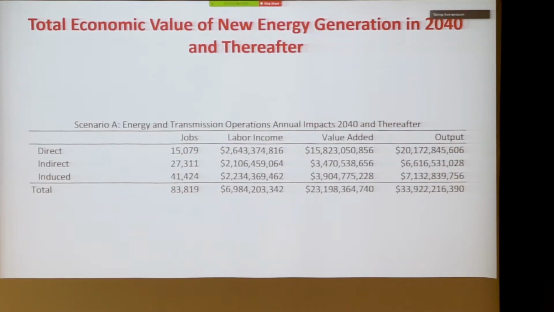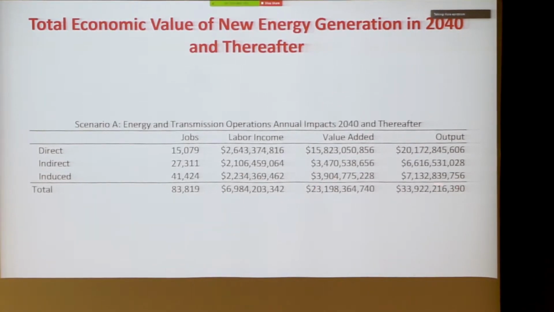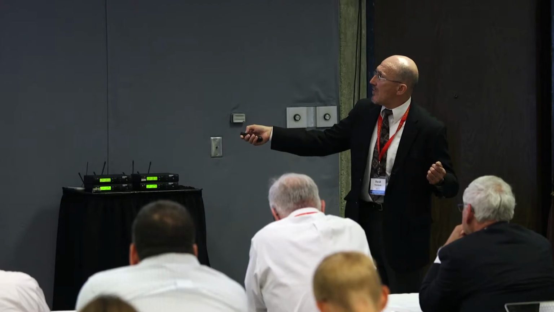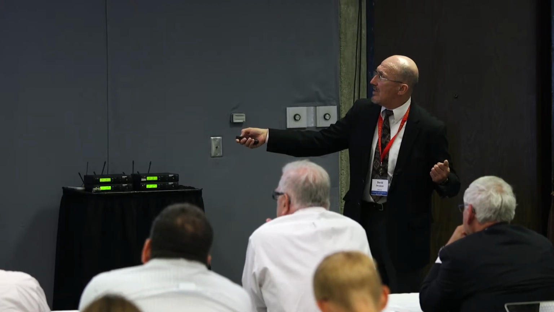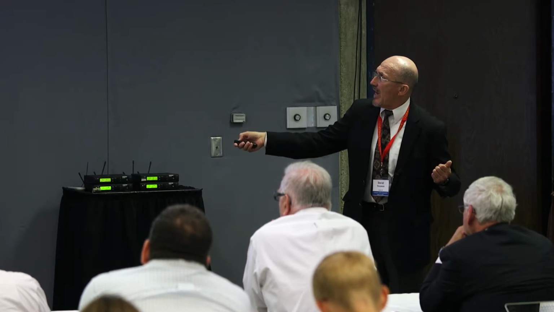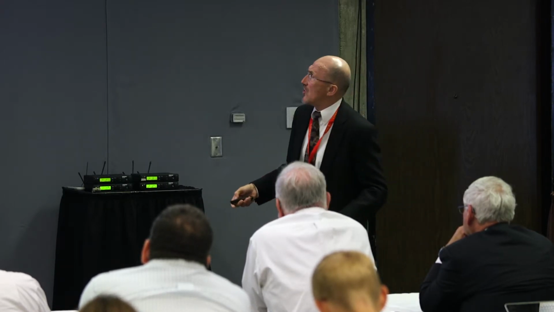But we can see the total economic activity by 2040 and thereafter for the sum of all of these. Almost $34 billion worth of output is being generated, $23 billion in value added, $7 billion in labor income, and 84,000 jobs generated in 2040 and thereafter. So that ends up being the capped value. That's what it grows to.